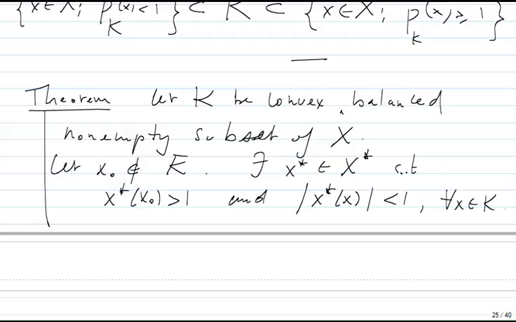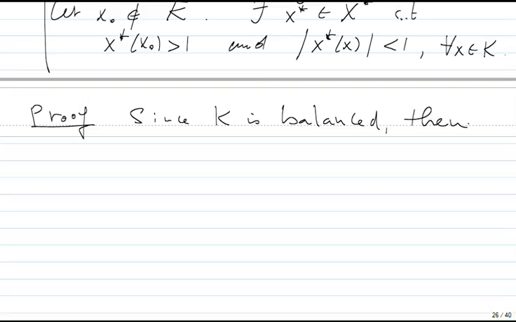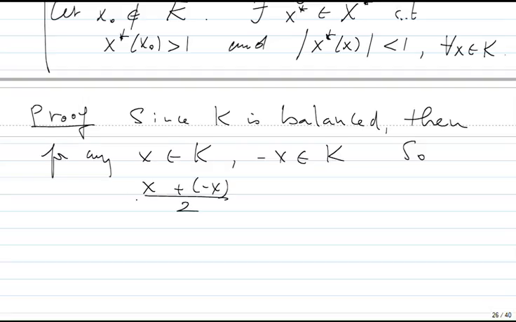Okay, proof. Since K is balanced, for any x in K, minus x belongs to K. So x plus minus x over 2, equal to 0, belongs to K. Let x0 not be in K bar.